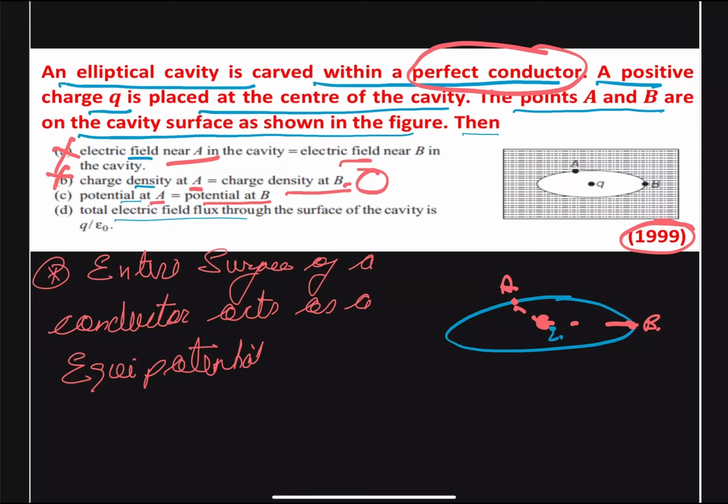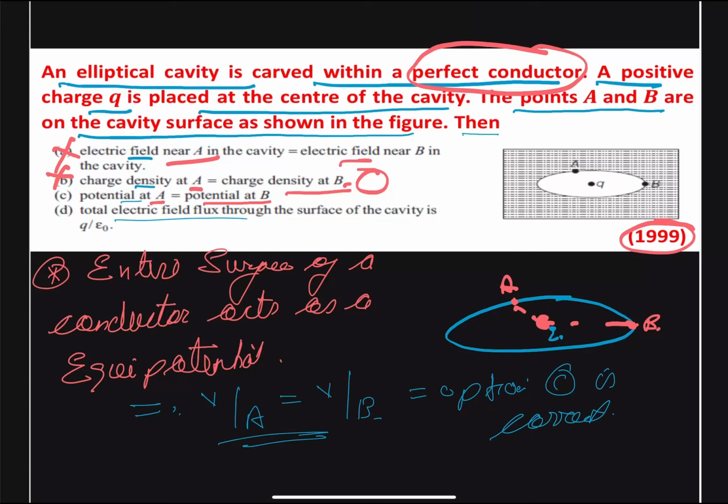Therefore, we can say that the potential at A will be equal to the potential at B. So option C is correct.